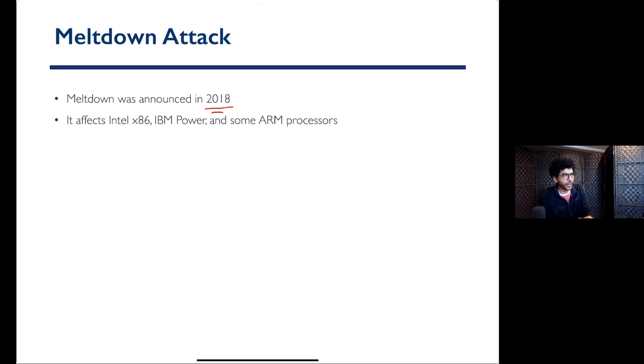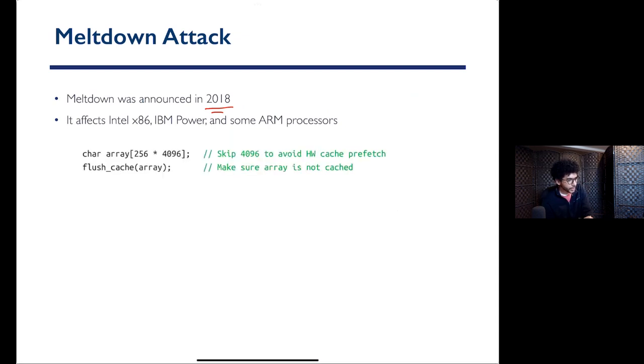Now, here's how the attack works. So I'm going to have a character array of 256 entries. This is because I have 256 different characters, because each character is 8 bits. So 2 to the 8, that's 256 different characters you can have.